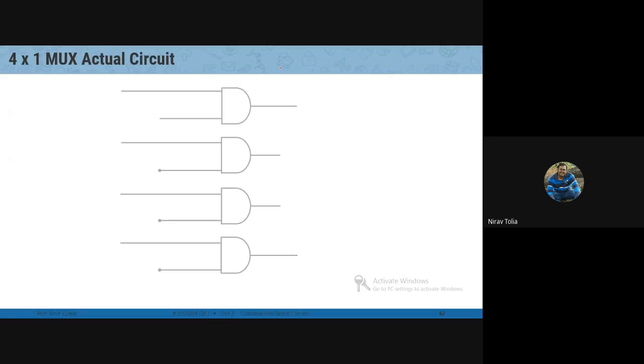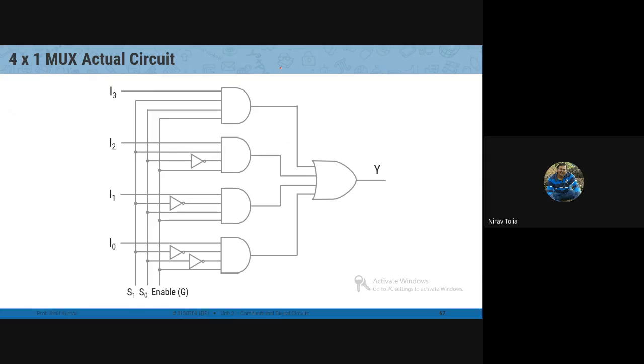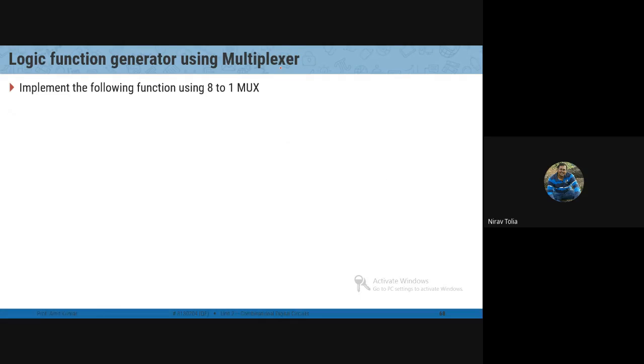In multiplexer, a 4x1 multiplexer is already covered, but we have some examples. So let's start with an example of how we can easily implement this type of example. This type of example will be asked in either 3 marks, 4 marks, or 7 marks, but it will be very easy.